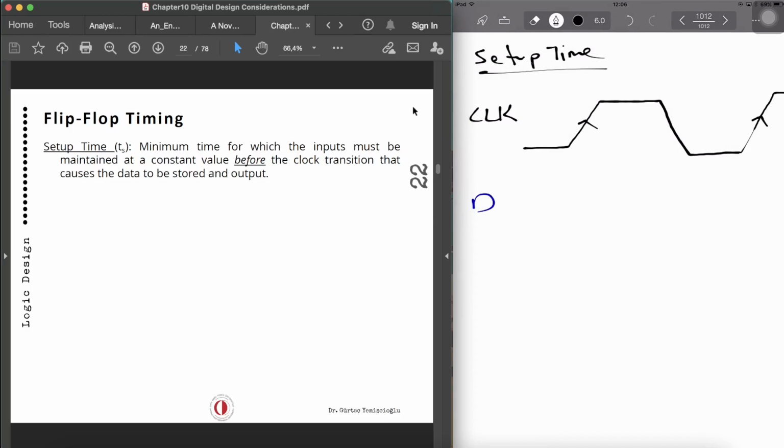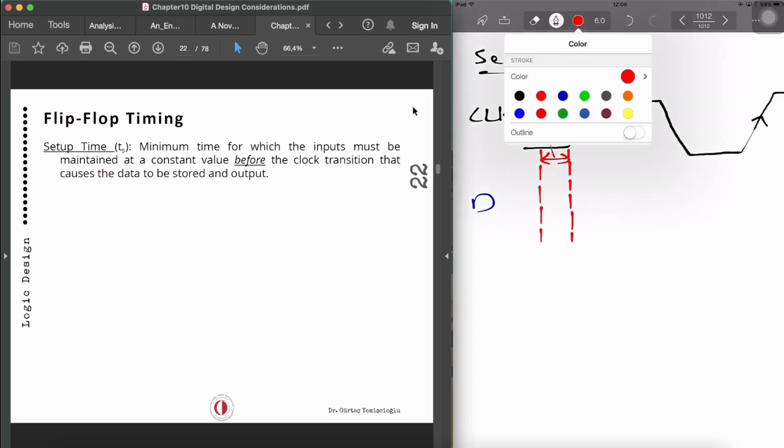What setup time is: before the rising edge of the clock, before the clock is changing, we need a short amount of time to stabilize the input, to maintain the input at a constant voltage or constant logic level. So this short amount of time is known as T setup.